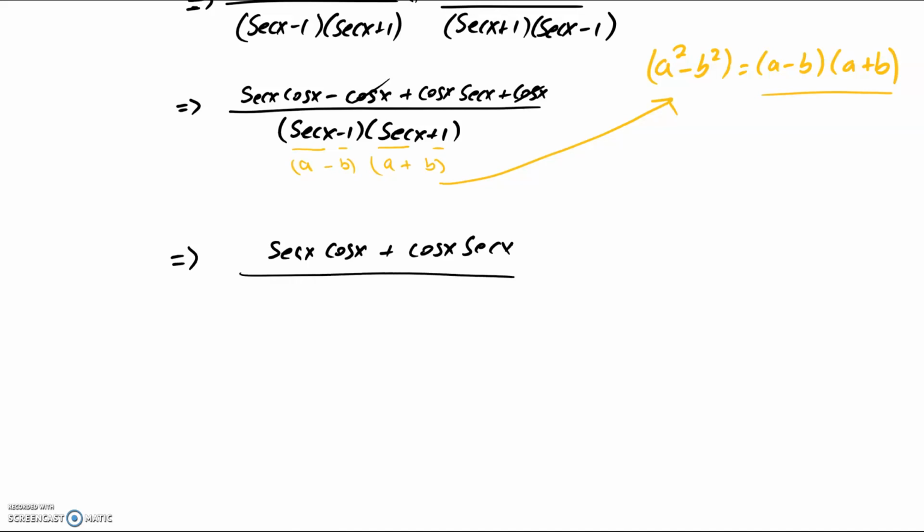And the denominator will become secant squared x minus 1 squared, correct? Now look at the numerator.